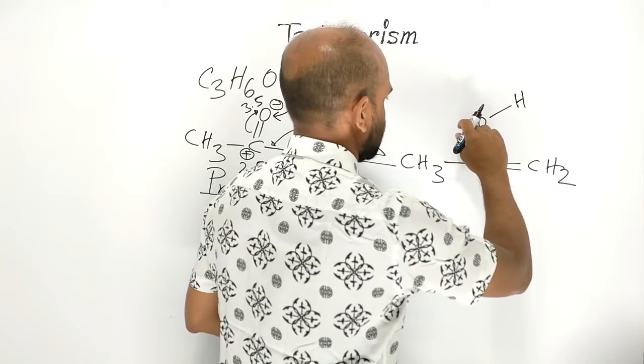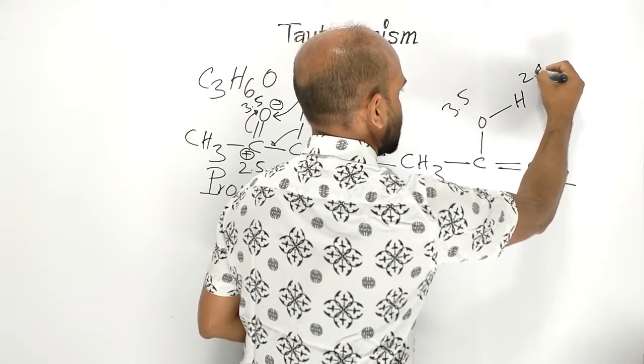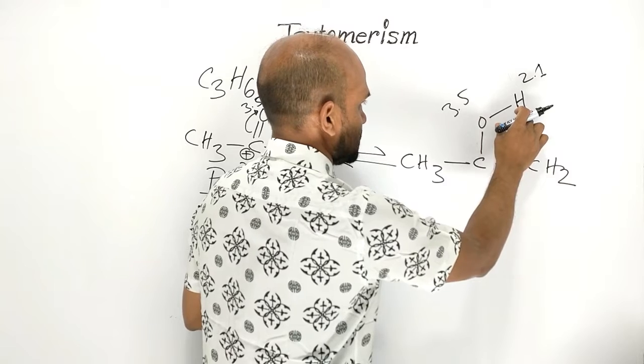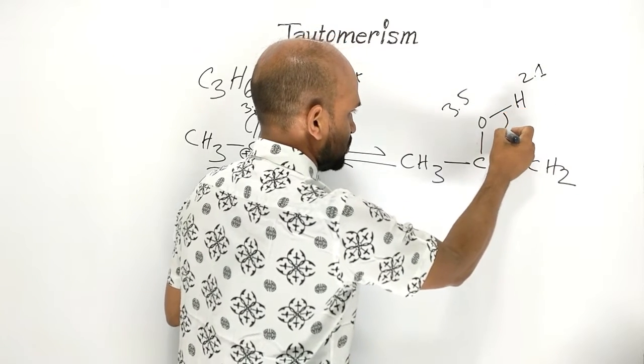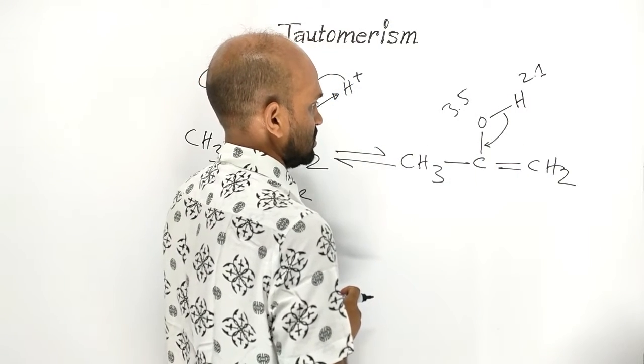Here electronegativity of oxygen is 3.5, hydrogen is 2.1. Because of the high electronegativity difference, these covalently bonded electrons move to the carbon oxygen bond.